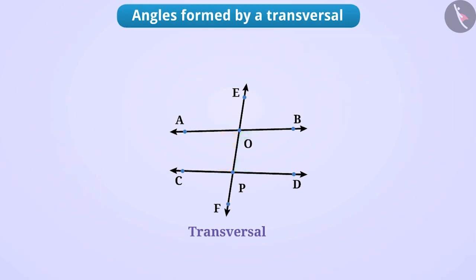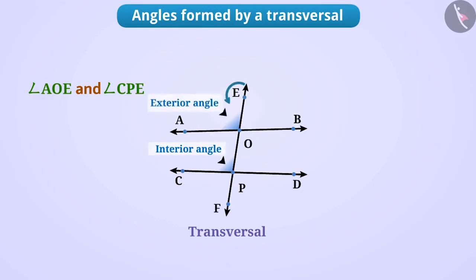Moving forward, can you tell any relation between angle AOE and angle CPE? Think for a while. Let me tell you, here both have different vertices and are on the same side of the transversal. But one of the angles, angle CPE, is an interior angle, whereas the other angle, angle AOE, is an exterior angle. These two angles form a pair which is called a pair of corresponding angles.